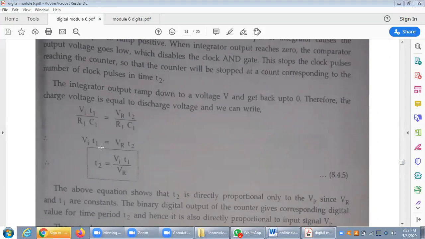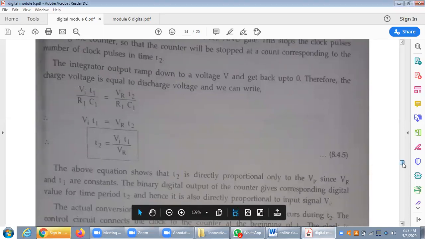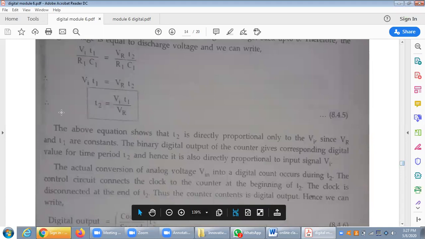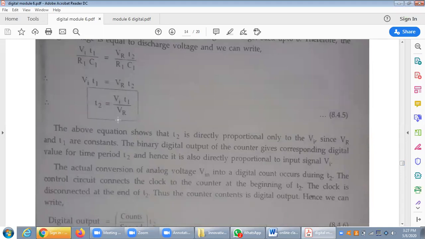So VI T1 equals VR T2, so T2 equals VI T1 divided by VR. This clearly shows that T2 is directly proportional to VI, because T1 is a known value.